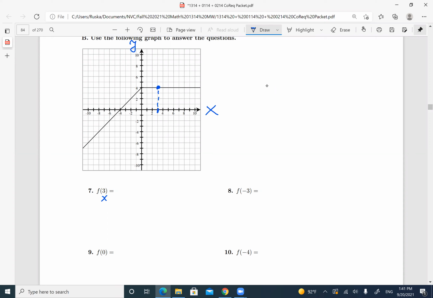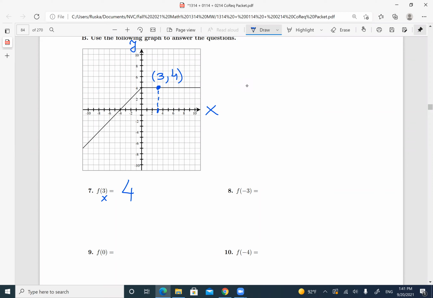I'm going to get the coordinates of that point. What is x? x is 3. What is y? Positive 4. That's right. So this is the corresponding point on the graph when x is 3. And they're asking me to find f of 3, which means finding y, the output. In this case, it's going to be 4. Everybody understand that?